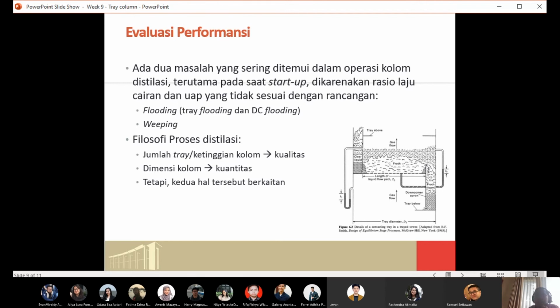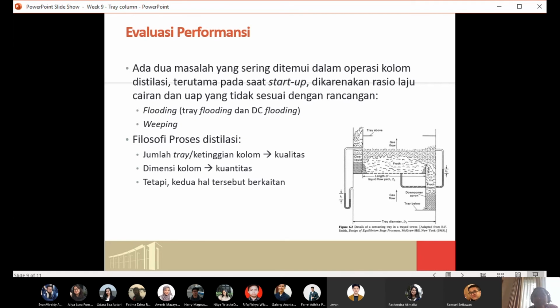Usually, in the case of flooding, the pressure drop of the column will be very high. The bottom will have higher pressure, but the top side will have low pressure. Why? Because the gas accumulates in the bottom and creates high pressure, but it has difficulty penetrating the thick liquid inside the tray, so it cannot go up.